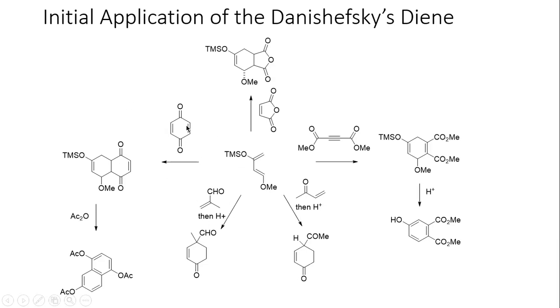But with one equivalent, you get this bicyclic system right here. And if you treat that with acetic anhydride, then you're able to aromatize that and get this aromatic naphthalene derivative here, right?